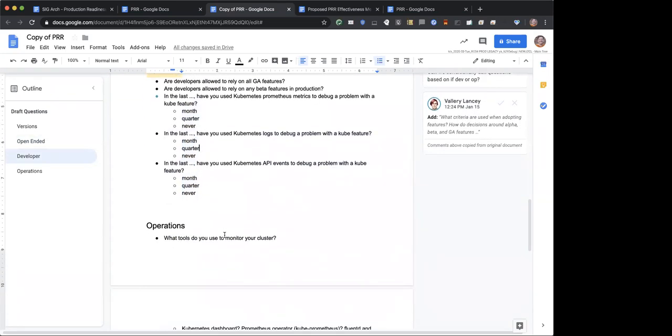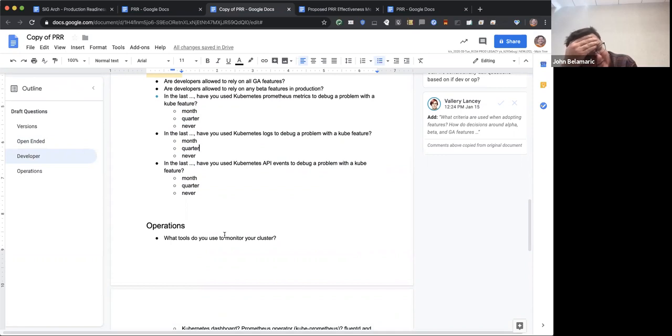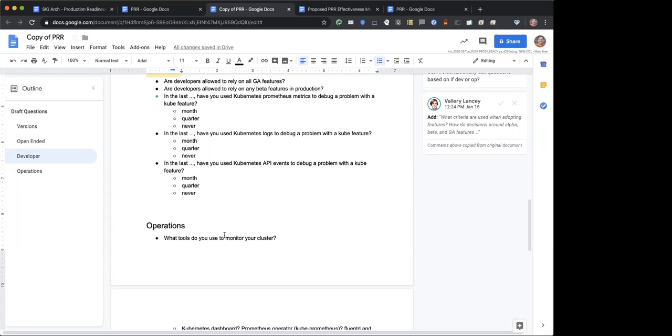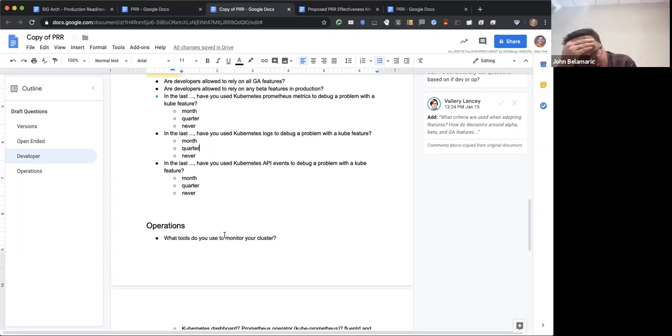I wonder if your scale matters. Maybe we need a question. If I'm some small organization that just has a couple of clusters, I may not be monitoring things in the same way as if I've got 100 clusters or large clusters.